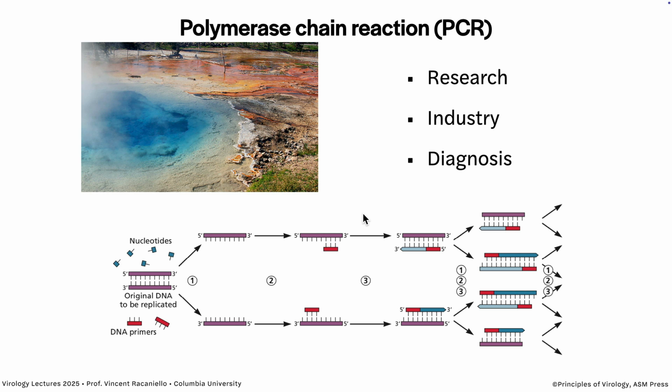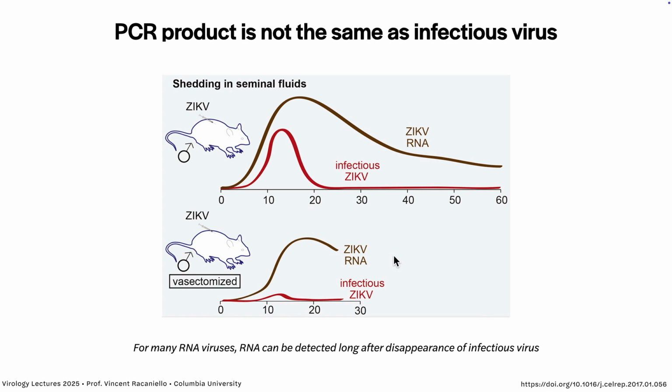Now, in terms of virology, it's used often to measure nucleic acids, both DNA and RNA. We can convert the RNA to DNA and then do the PCR reaction. But a caution: PCR product is not the same as infectious virus. Here's an experiment that shows that for Zika virus. In this experiment, they infect mice with Zika virus, and then they measure infectious Zika virus and Zika virus RNA by PCR.